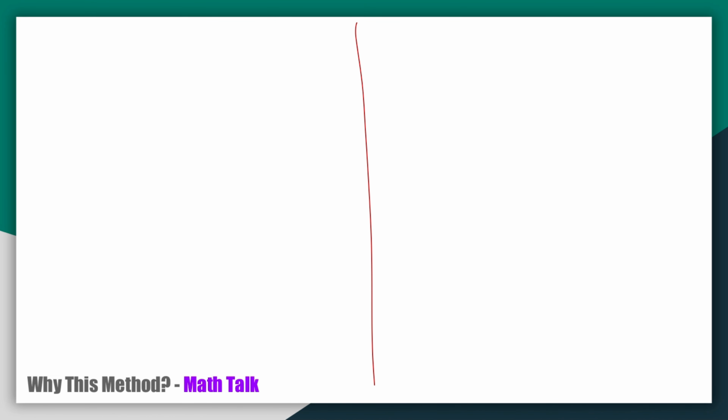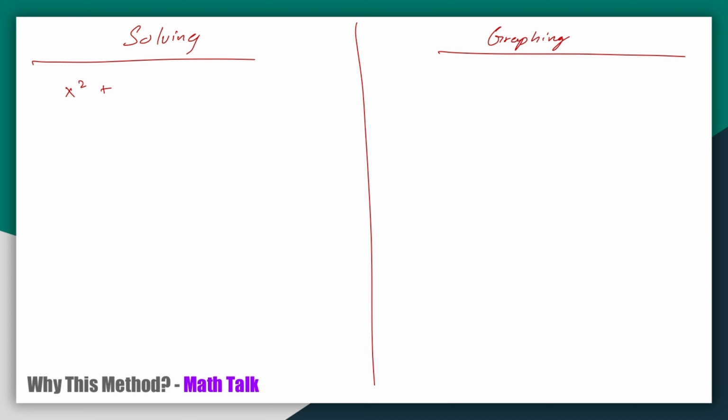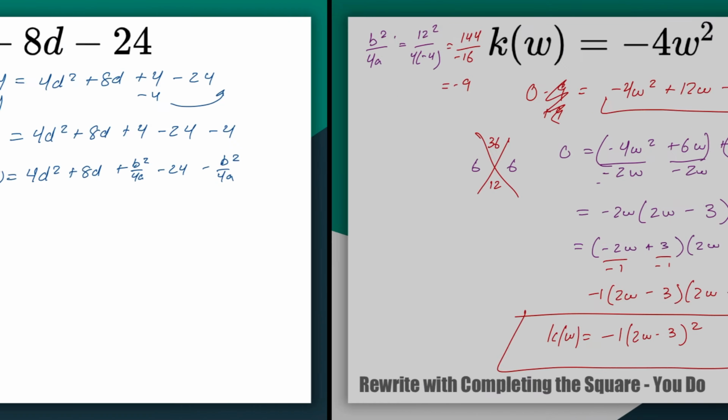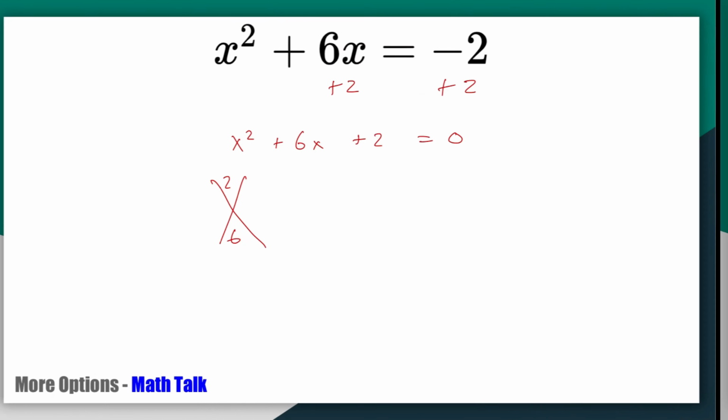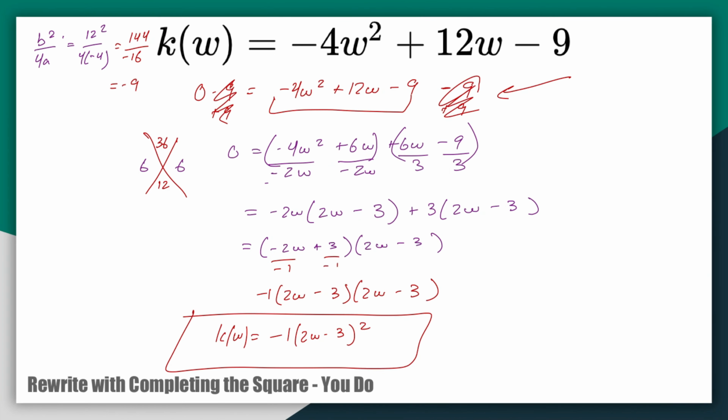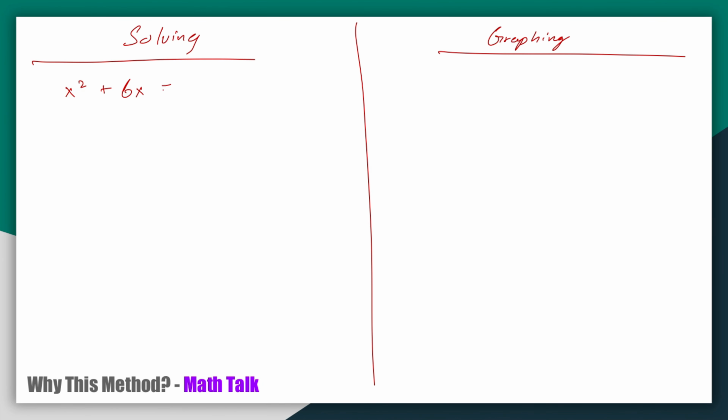There's two reasons why we want to use this method. The starters, if we're solving versus if we're graphing. If we're solving with this method, and we have something like that early one we had, x squared plus 6x is equal to negative 2, it's not even in standard form, you can complete the square and get to the point where you use solve by square root.